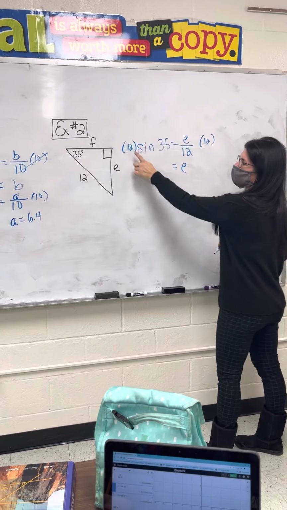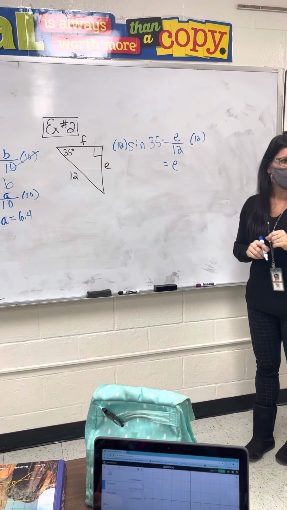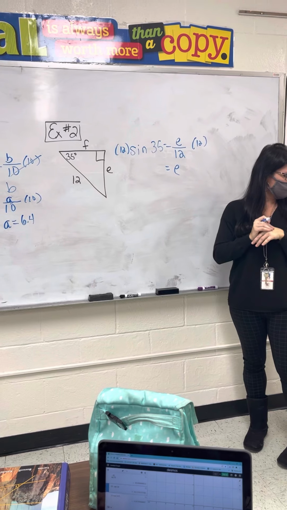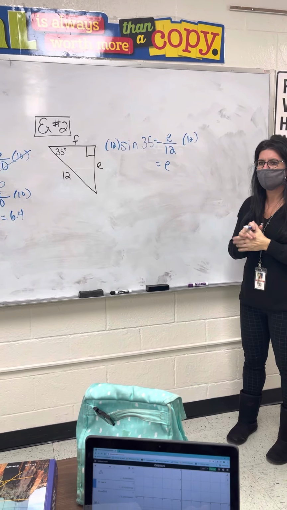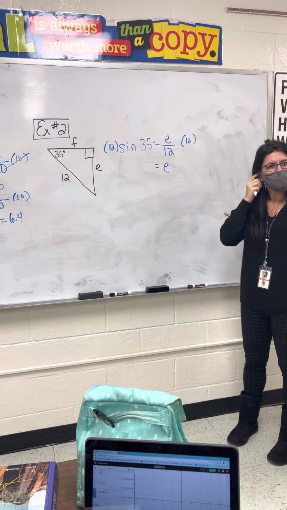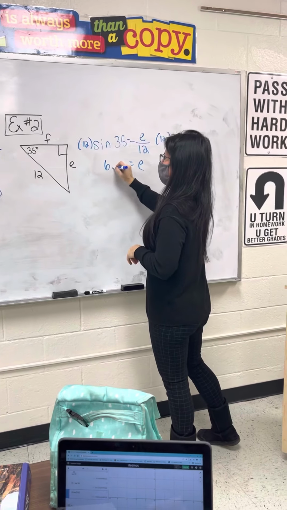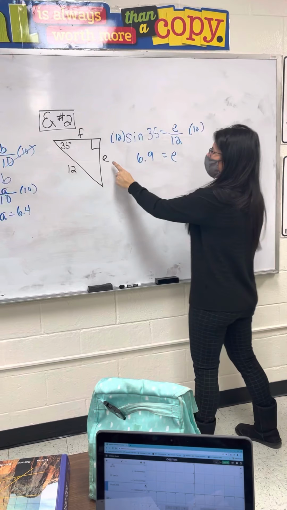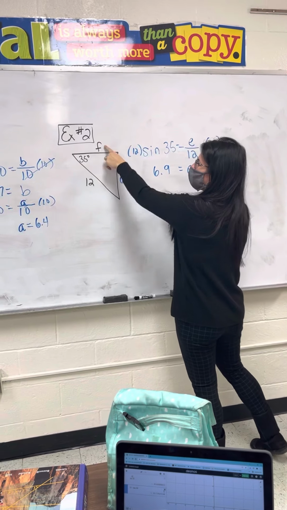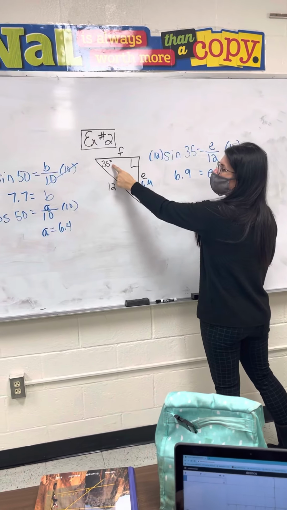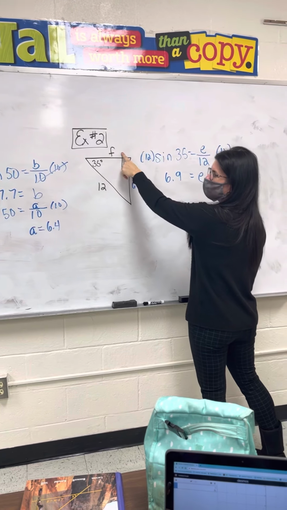So in your calculator, 12 times the sine of 35. Does anybody have that for me? Rounded to the 10th place. What you got? 6.9. Good. So we have E as 6.9, we still have to find F. So we're gonna do cosine because F is adjacent.